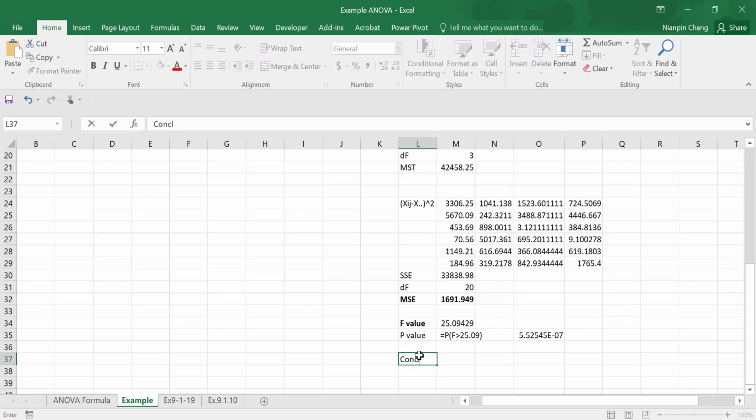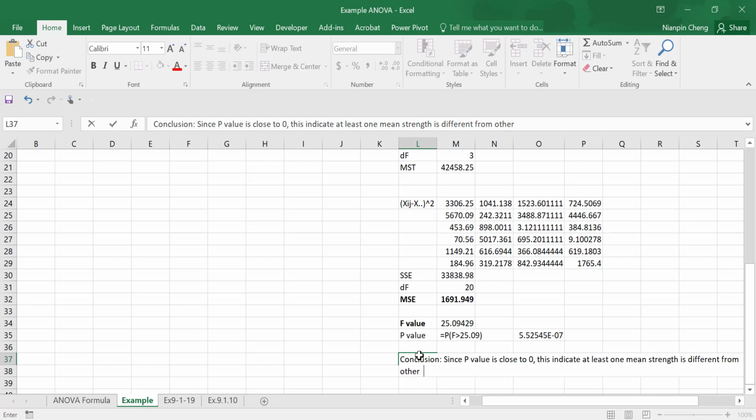So here is the conclusion. Since the p-value is close to 0, this indicates at least one mean compression strength is different from the other types of box.